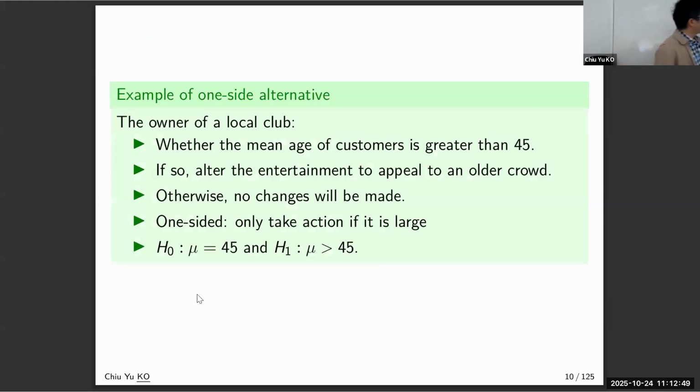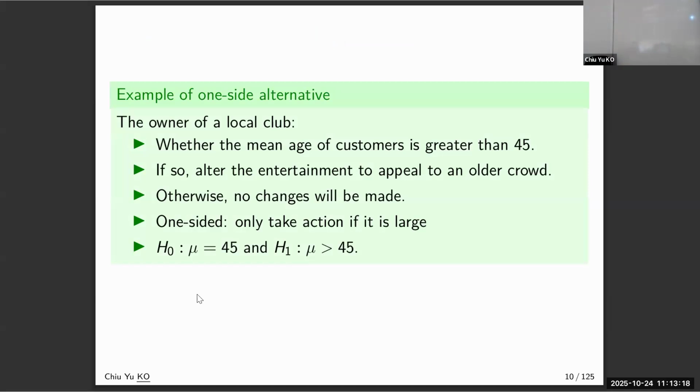So I think I'll give an example here. If you are a consultant, McKinsey, for a local club, and because of an aging society, or people going to Shenzhen, probably only the local club, the age of customers may be increasing. The owner wants to see if it is more than 45.